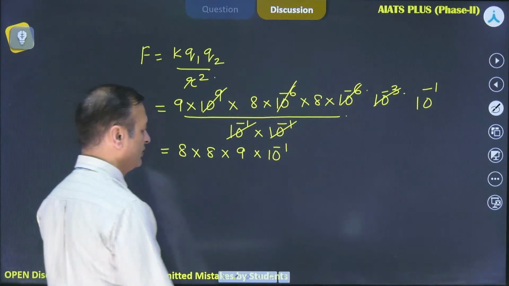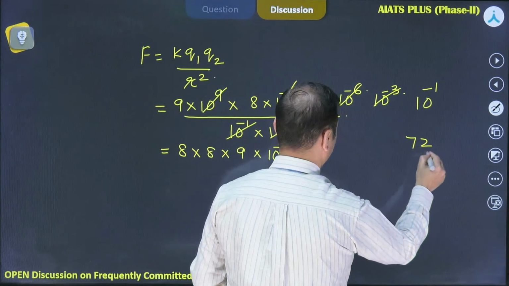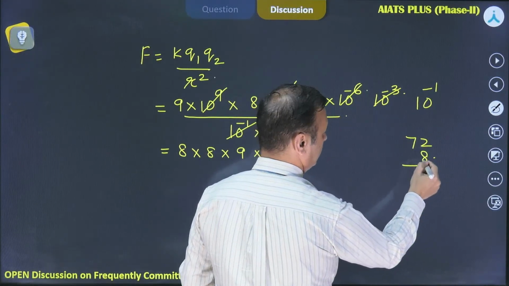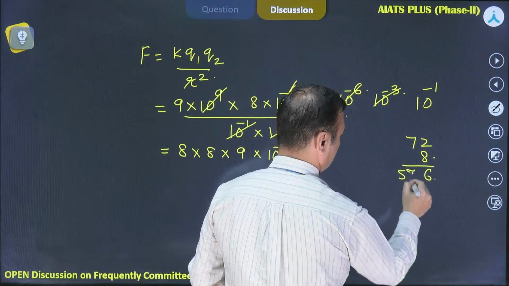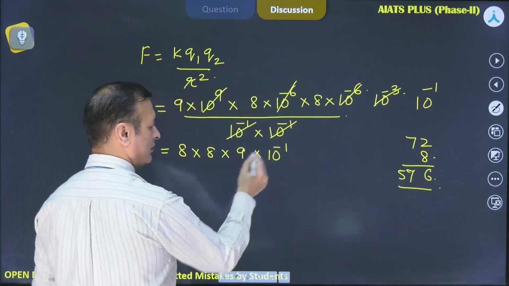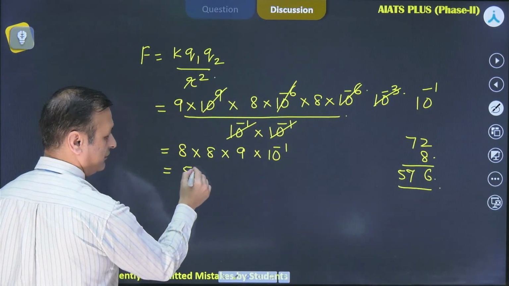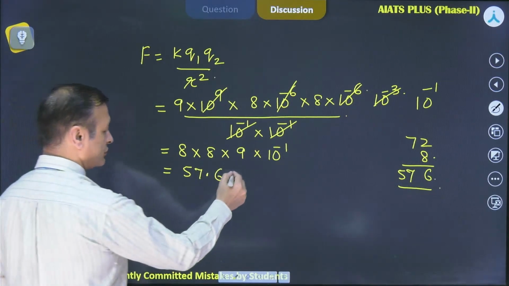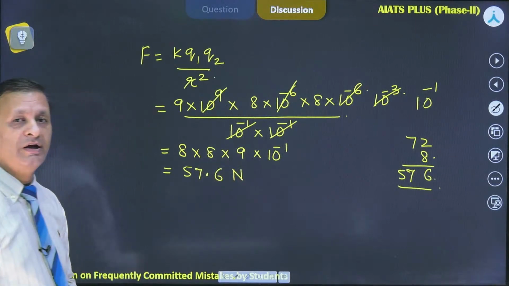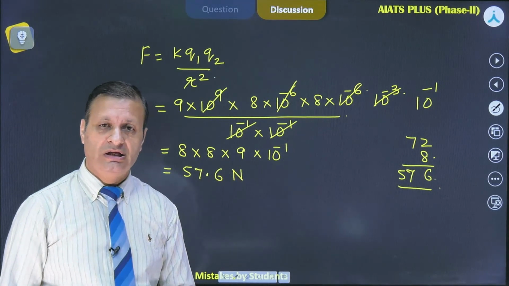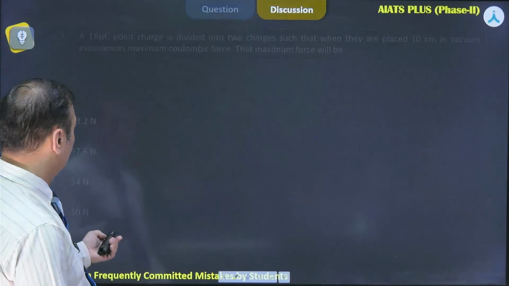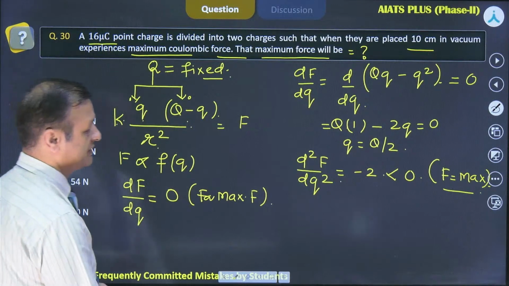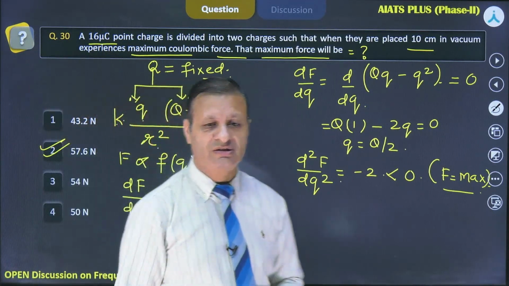That means it's 72 times 8 when you multiply, and with this, that gives me 57.6. We have defined the Coulombic force, so it has to be in newtons. So this is all about this question. Let's check the answer also. Yes, 57.6 is the correct option for this.